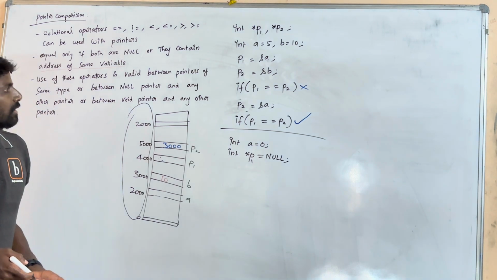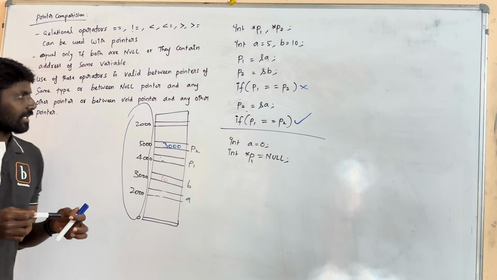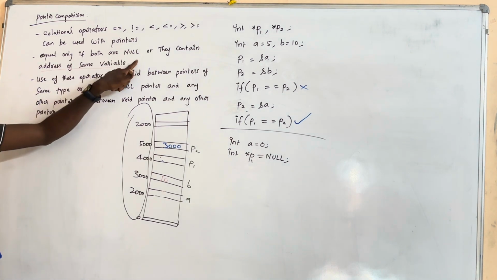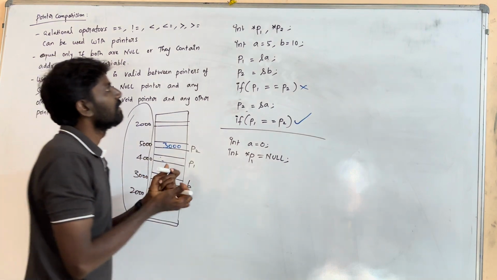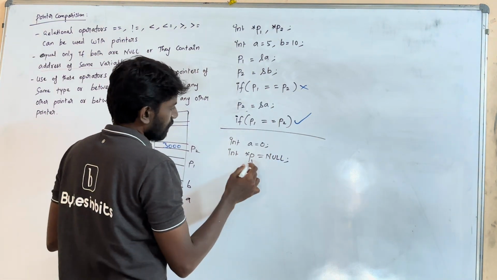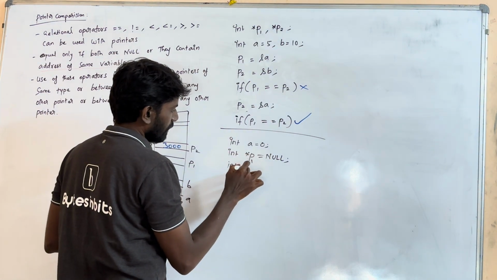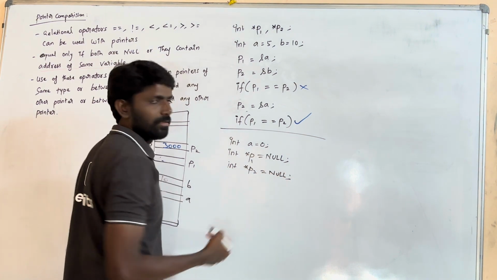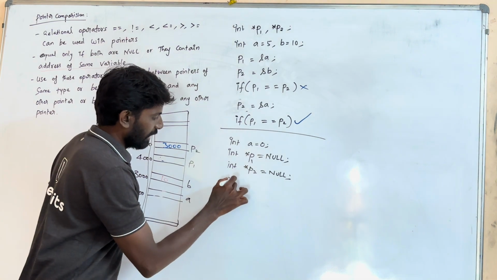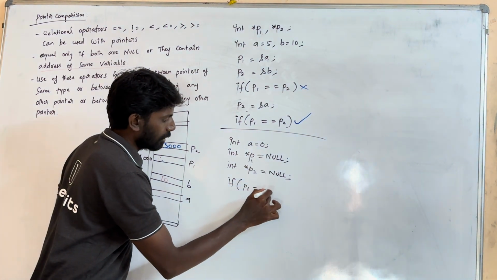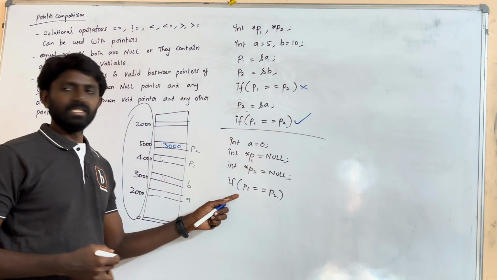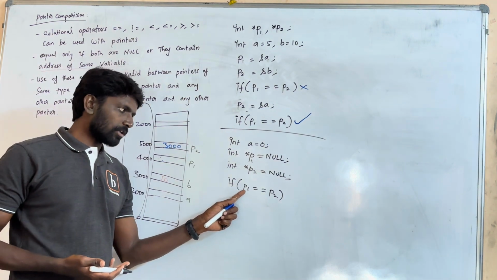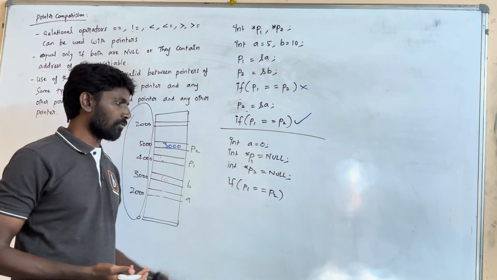Okay. So now you can compare equal only if both are null. Let's take int *p2 = NULL. You are comparing if p1 equal to p2. Will it be the same? Yes, both are the same. p1 is also null, p2 is also null, so it will be equal.